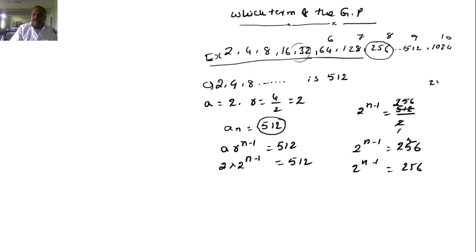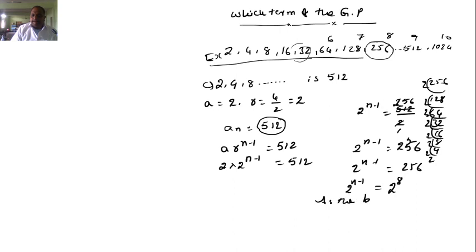Prime factorization of 256: 2 128s, 2 64s, 2 32s, 2 16s, 2 8s, 2 4s, 2 2s. 1, 2, 3, 4, 5, 6, 7, 8. 2 to the power of n minus 1 is equal to 2 to the power of 8. As the bases are same, powers must be equal.